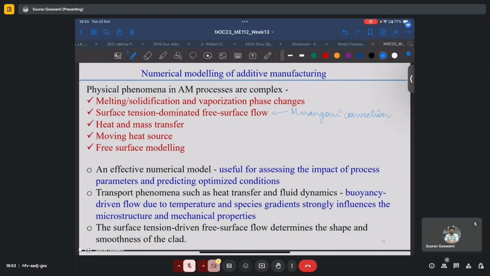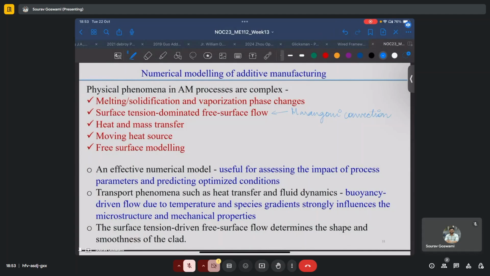If it is an inward flow, we will have a deeper melt pool, whereas if it is an outward flow, we will have a shallower melt pool. This effect can also be affected by the presence of certain surface active materials such as sulfur.